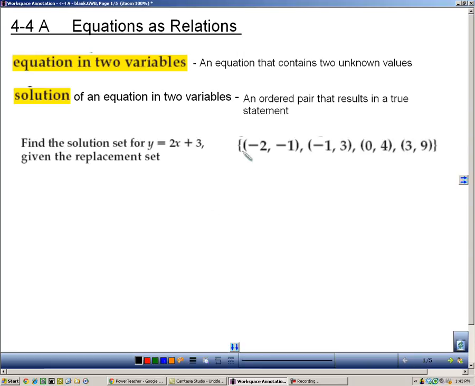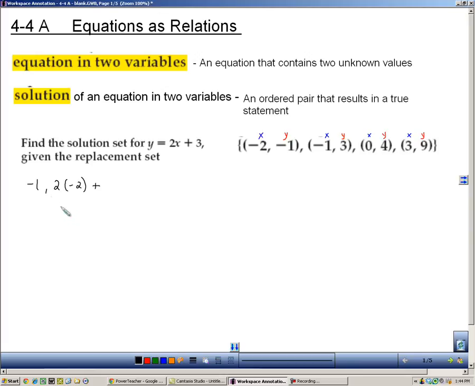Now remember that in an ordered pair, the first number is the x value, so all of these numbers in the front of the ordered pair represent x's, and all of the numbers in the back represent y values. To find if one of those is a solution, you take this first ordered pair and substitute it in for the y and the x. So we will plug -1 in for the y, and we will plug -2 in for the x.